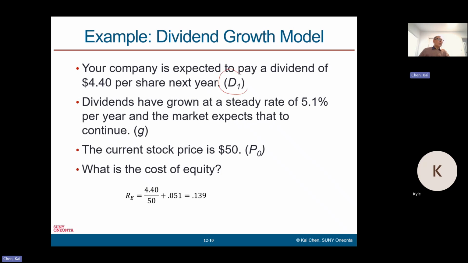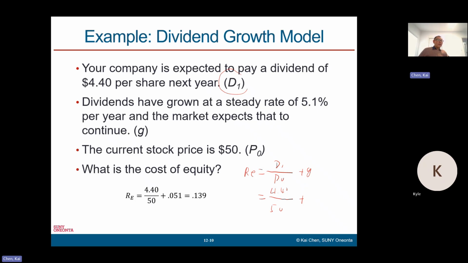Yes, we know it. So the formula becomes RE equals D1 over P0 plus G. Then what is D1? $4.40 divided by P0, $50, then plus G. G is 5.1%.